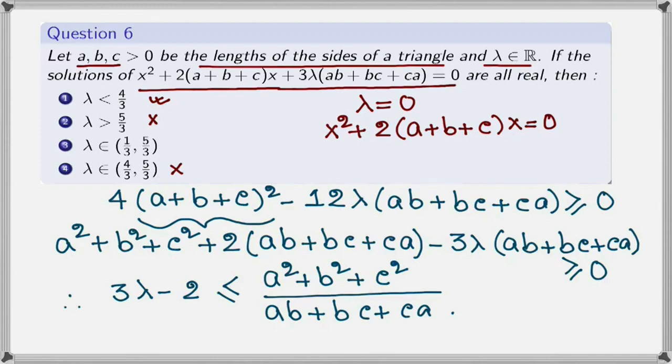So the third option is also not correct. For lambda equal to 0, this equation has all real solutions, but 0 is not in this open interval 1 by 3 to 5 by 3. So here only one option is correct, which is the first option, that lambda is strictly less than 4 by 3. We end our first session here.